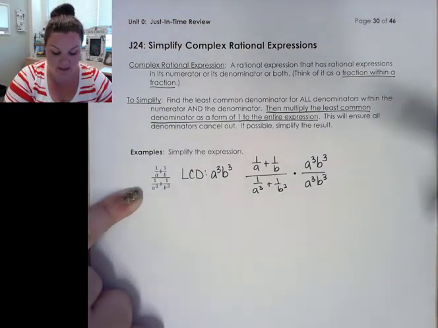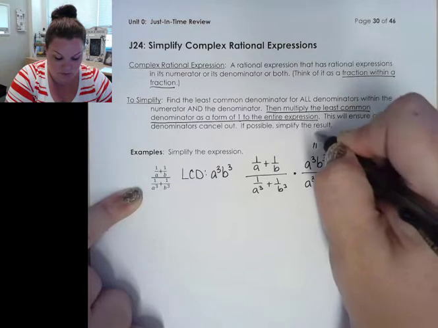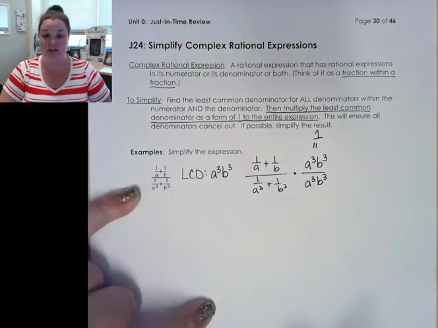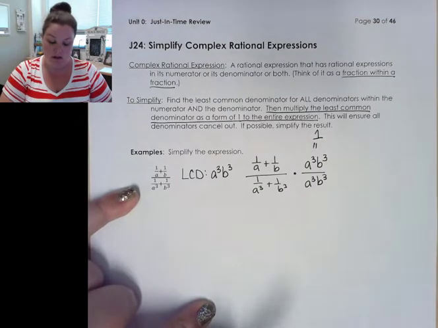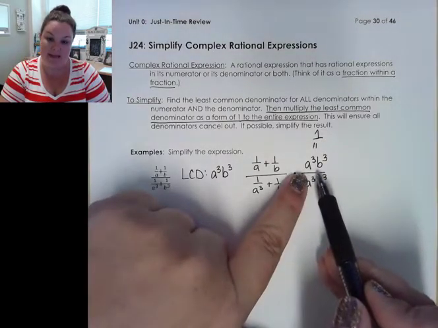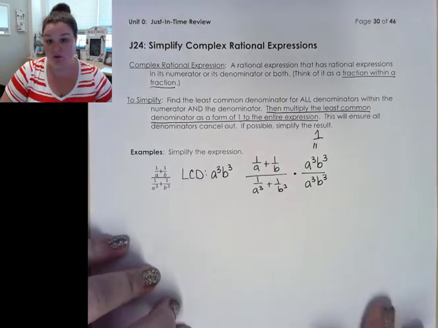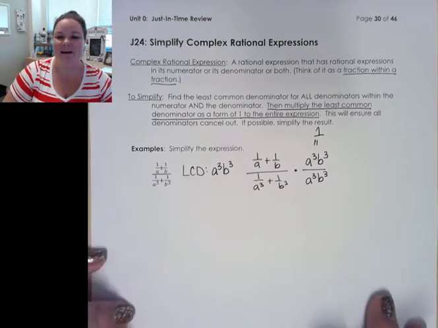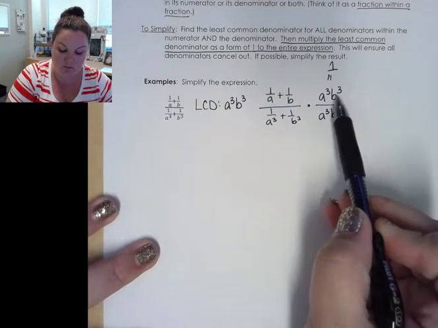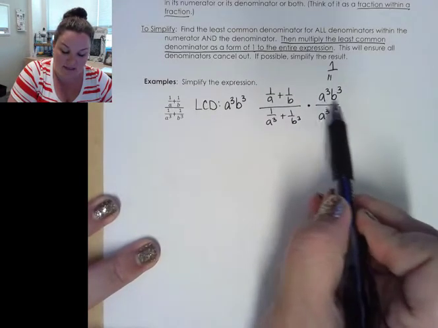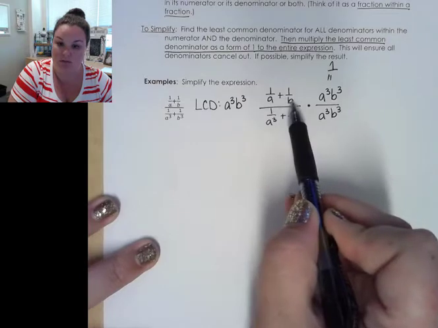Because you agree this is just equal to 1. So I'm not changing the value. I'm just multiplying this whole mess by 1, right? But what's cool about multiplying by this, and here's where you want to start writing, is that when I multiply top and bottom by A cubed B cubed, it's like distributing the A cubed B cubed to both terms.